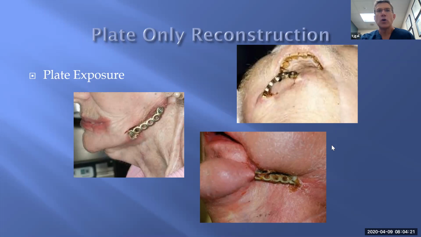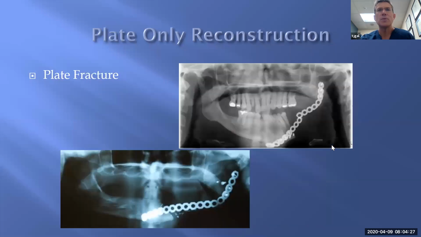The other problem with load-bearing plates is that load is transient. Transient can be a couple of years, but eventually the work of the plate will either fracture or dislodge.